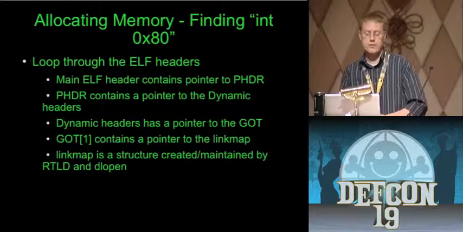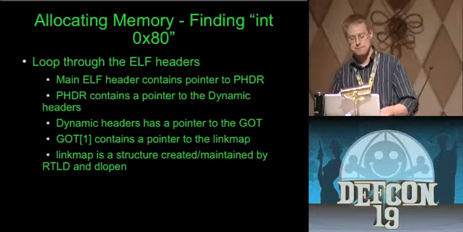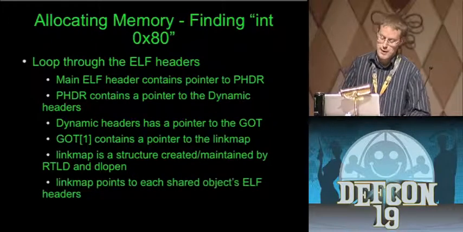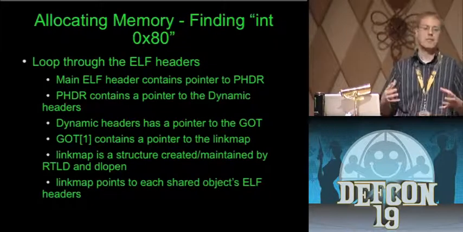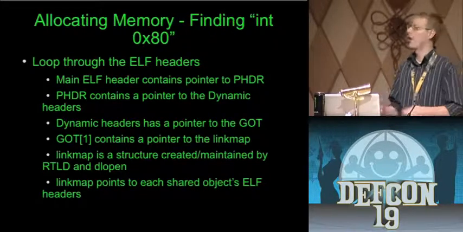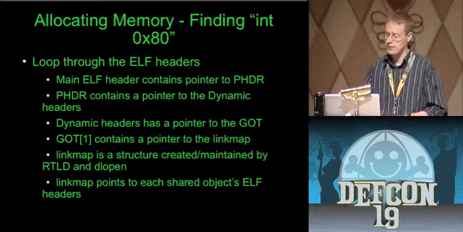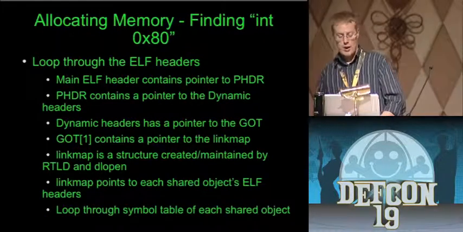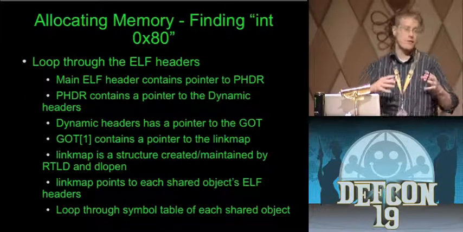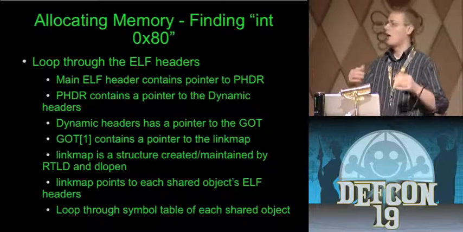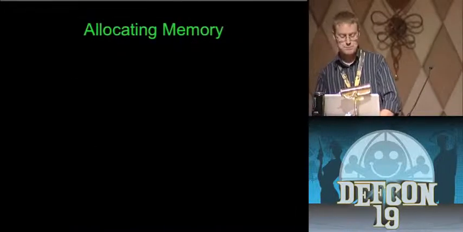The link map is a structure created and maintained by the runtime linker and dlopen. The link map points to each shared object's ELF headers. So every single shared object, every single object file, your program and its dependencies, have ELF headers, and the ELF headers contain a symbol table, and a symbol table is basically all the functions, all the global variables, all that kind of stuff that gets loaded in memory.